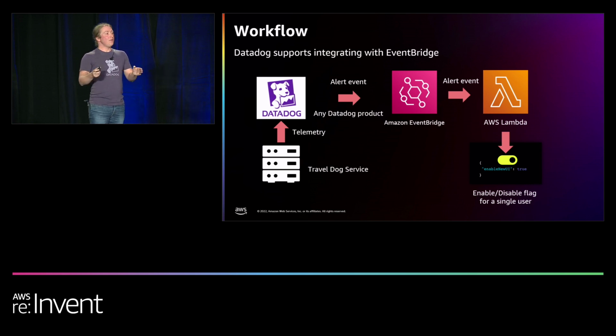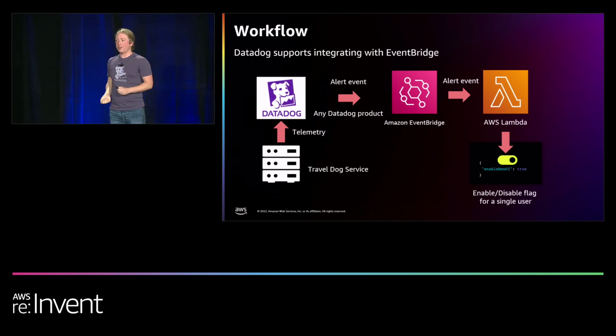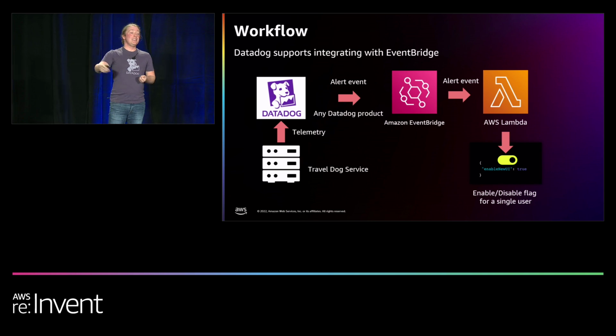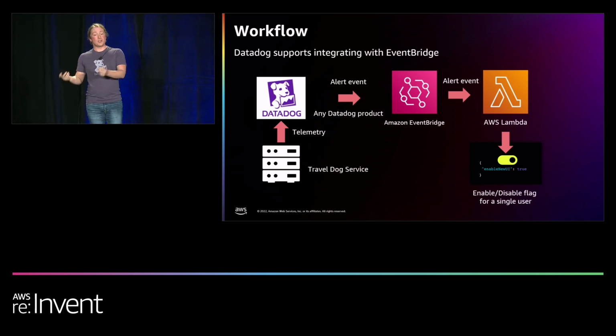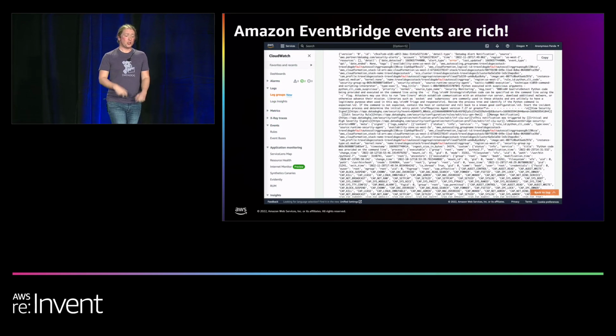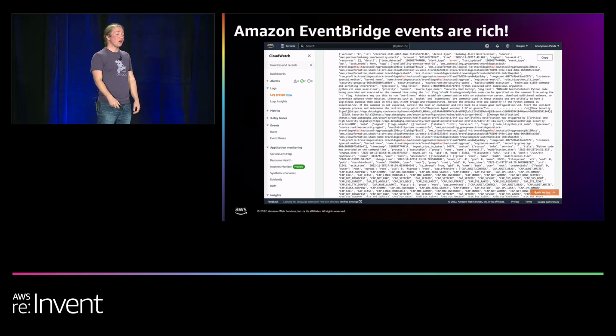It can emit any event from any monitor inside of the platform as the full JSON payload to EventBridge. You can, of course, send that to a custom Lambda function, and then that Lambda function can do stuff. And in the case of our example today, we're actually going to use that to enable and disable features specifically for a single user inside of LaunchDarkly.